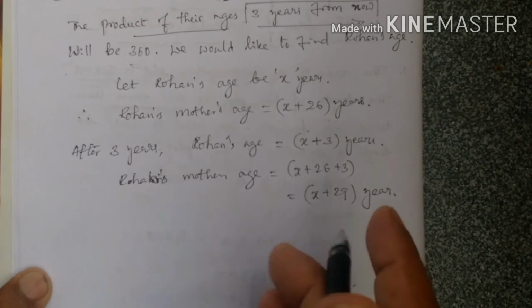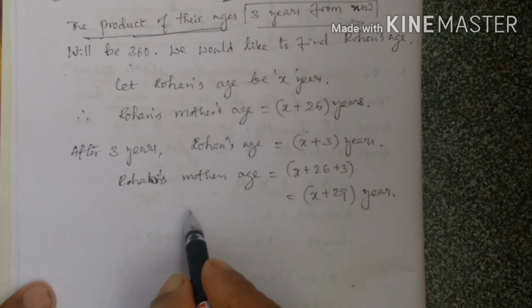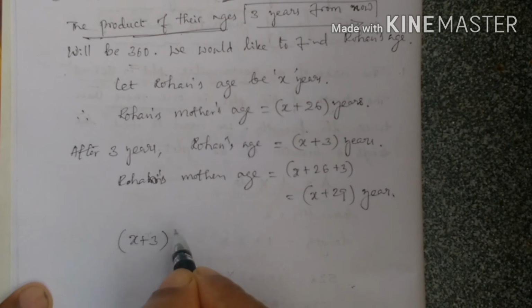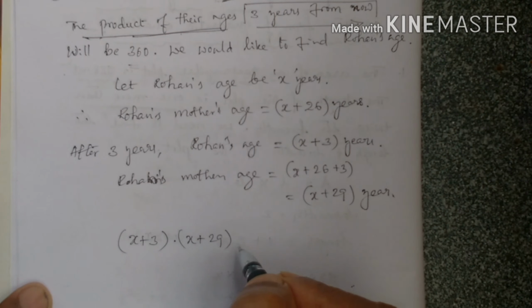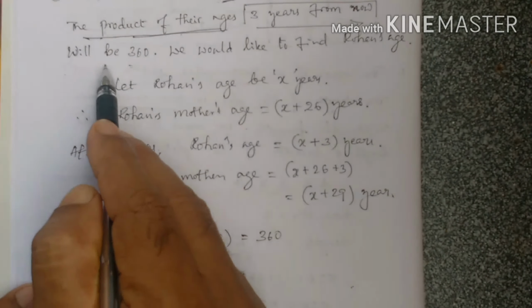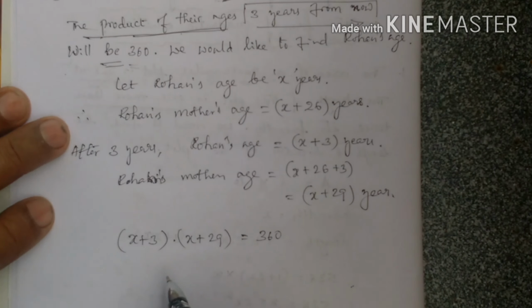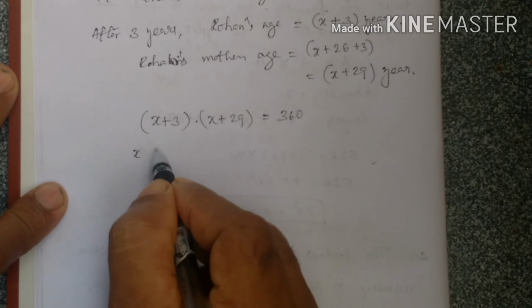Now according to the question, the product of their ages 3 years from now. Rohan's age is X plus 3 years into X plus 29, the age of his mother, and totally it becomes 360. It is what they have given. Product of their ages after 3 years becomes 360. Now you simplify this by taking the product of these two. It's very simple to multiply.